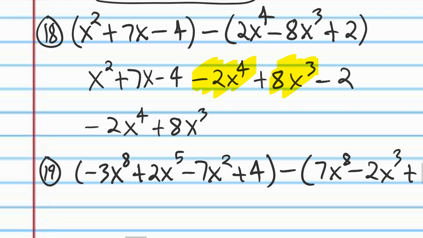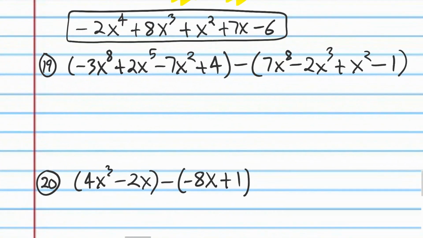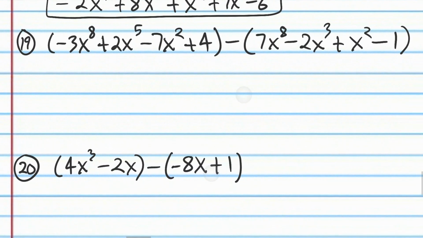This works when you're adding polynomials and subtracting them, not just simplifying like we did in the first problems. Okay, so we're done with those terms, and now we have x squared and 7x. So there really wasn't a lot to combine in this problem. And we have negative 6. So if you got that answer, good job. All right, try number 19, and when you come back, we'll do it together.